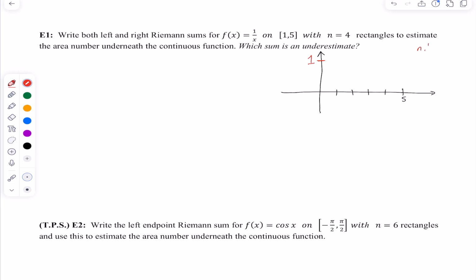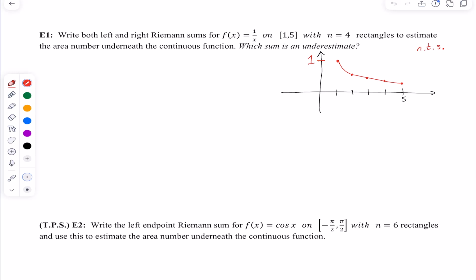Now I'm going to use NTS. NTS stands for not to scale. Draw some ordered pairs here. And there is our function on the interval 1 to 5.